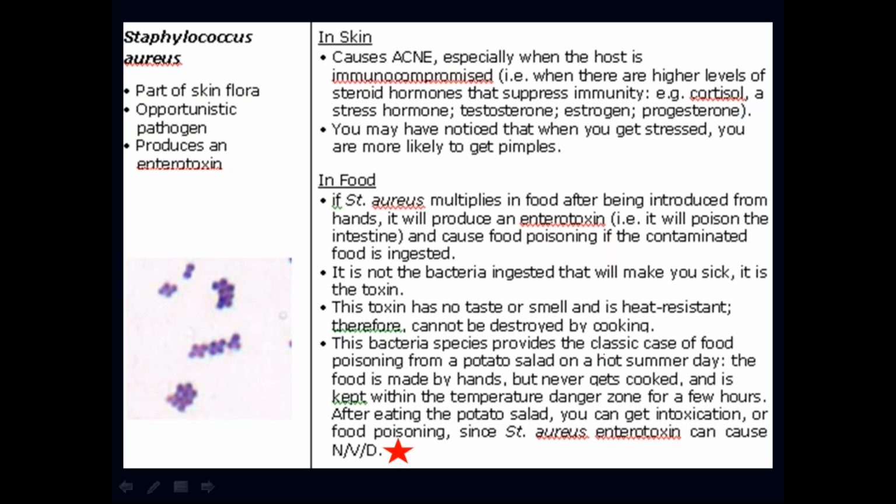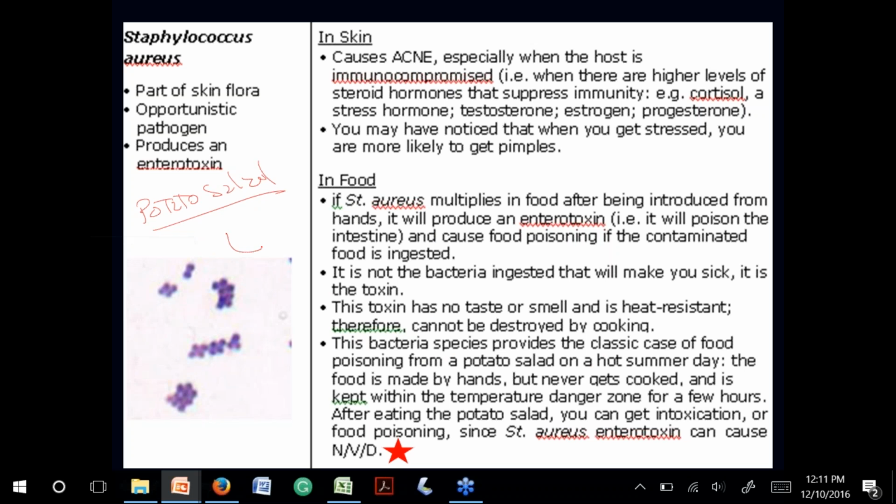Then we have Staphylococcus aureus. Just remember the potato salad, very common. If you leave the potato salad outside for more than 2 hours, the salad starts to warm up, and that is where the bacteria start to proliferate and produce an enterotoxin.